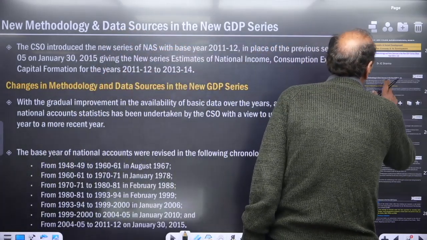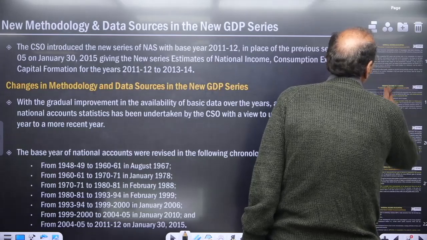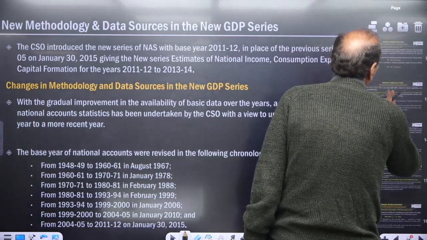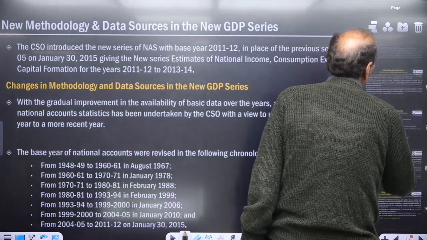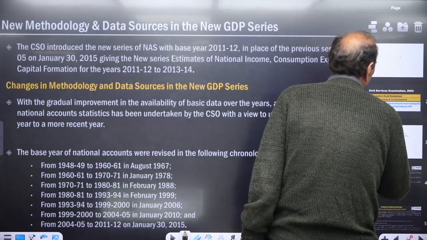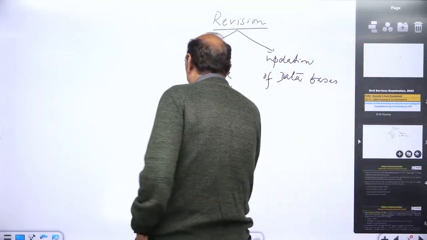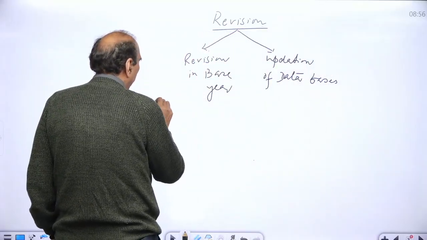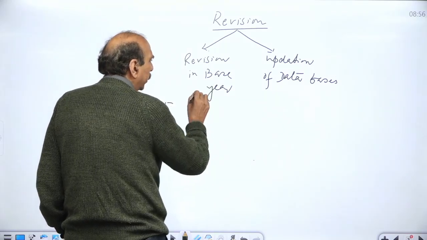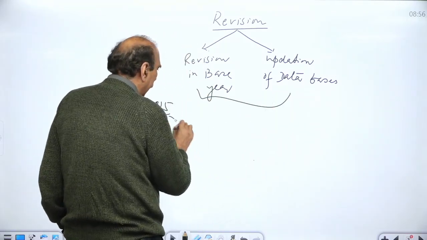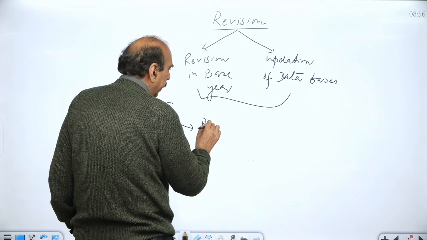Apart from these two, the third revision that has taken place is the revision in methodology.